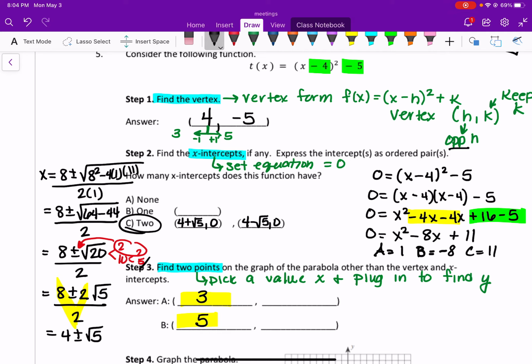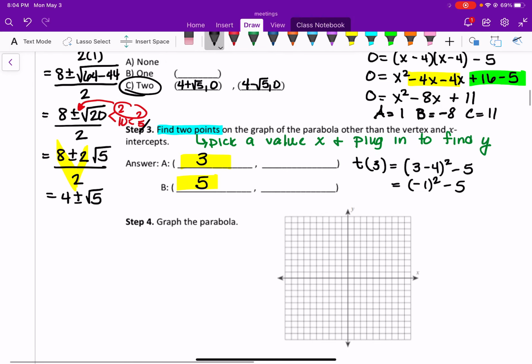So we're going to do f at 3 equals 3 minus 4 squared minus 5. So 3 minus 4 would be negative 1 squared minus 5. Negative 1 squared is going to be a 1 minus 5, which is going to give us negative 4.